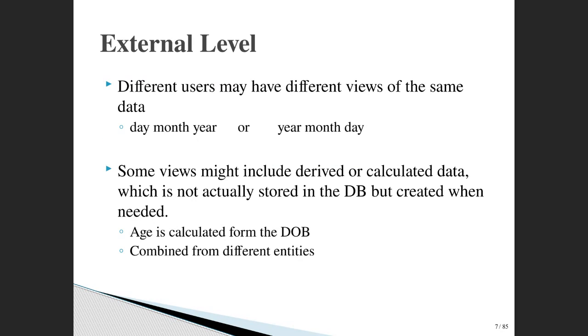Now, different users may have different views of the same data. For example, some users' view might include day, month, year for the date format, and for others, with the same data, it can be in this format: year, month, day. So this information can be in different formats, but the same data, represented in different formats, like the date in this example.